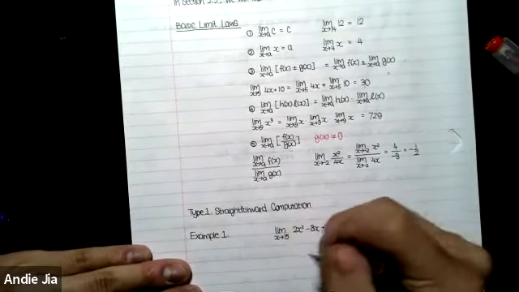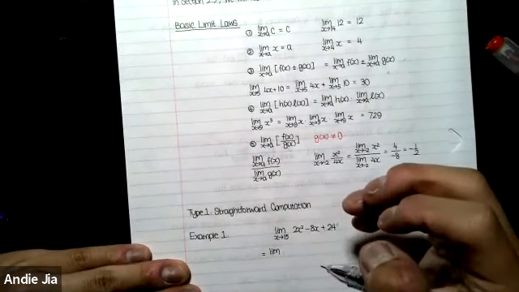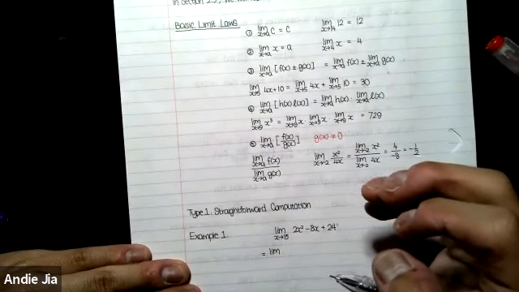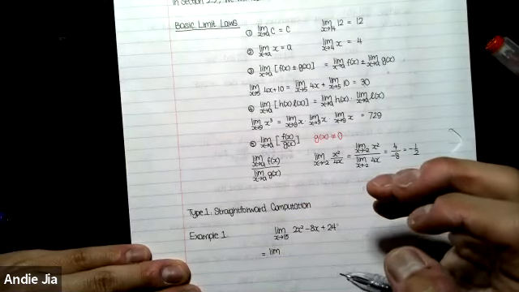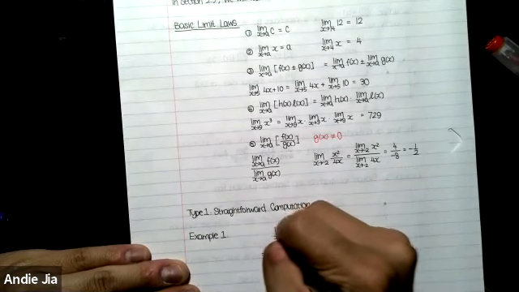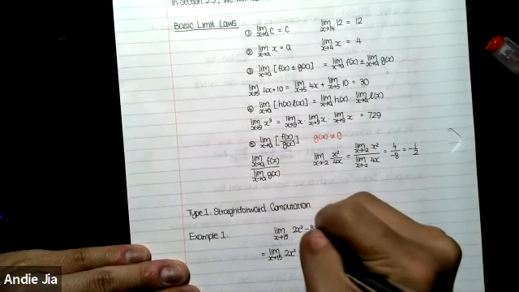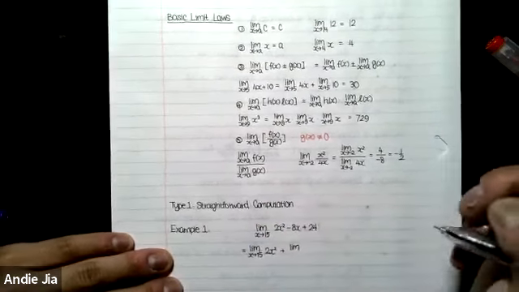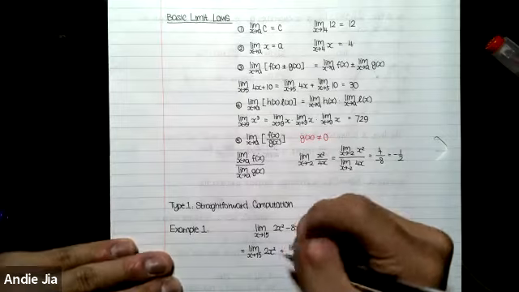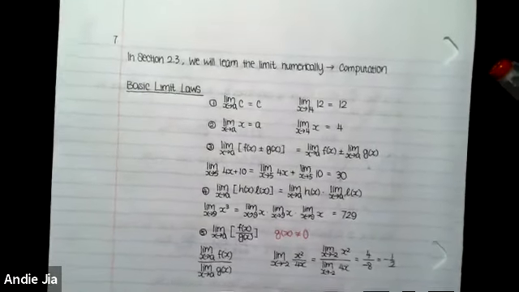So the limit as x approaches positive 15, we add them up.